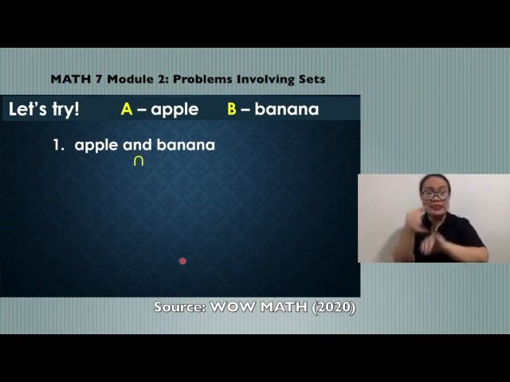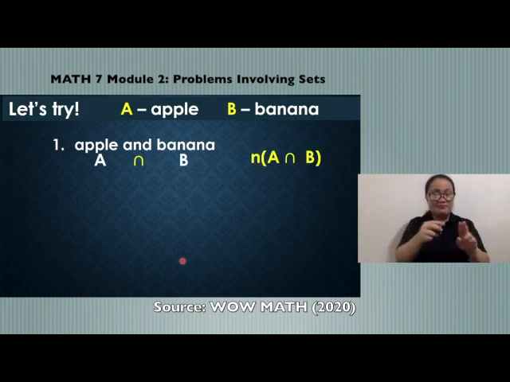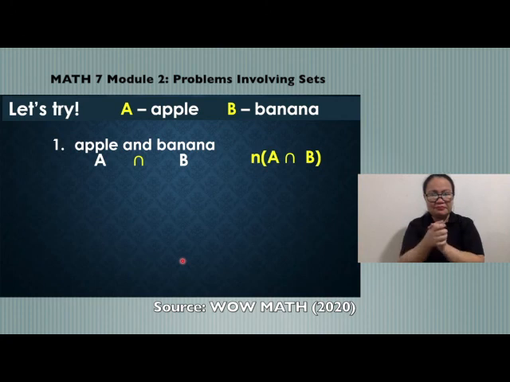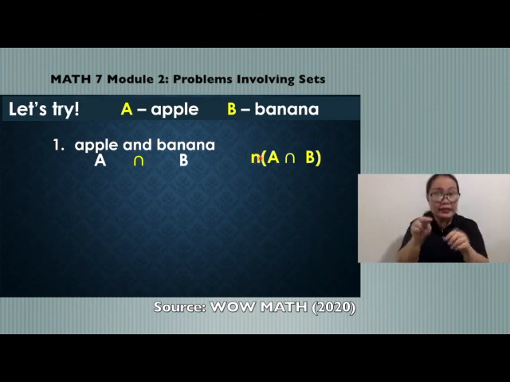So and, kagaya ng sinabi ko kanina, and is intersection. So we will use this symbol. And then for apple and then banana. So therefore, the set notation is the intersection of set A and B. Now, since in problem solving, we are getting the cardinality or the number of elements, therefore, we will be using these symbols, more letter N, o cardinality.